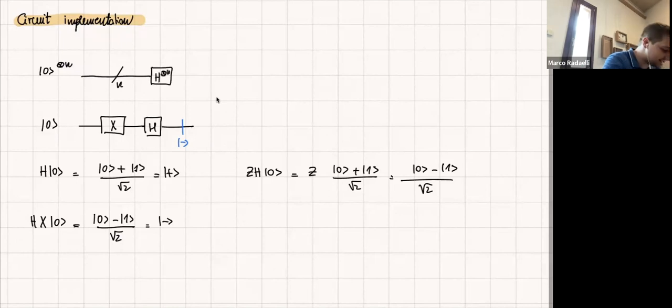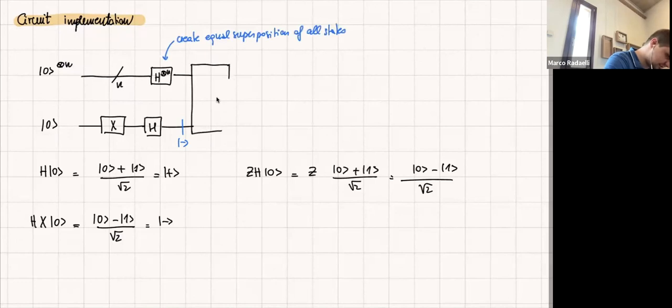This time, let me write it like this, which means that it's applied on all the qubits. Just to recall, this creates an equal superposition of all states.